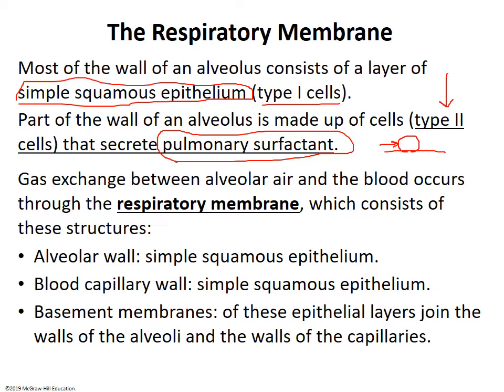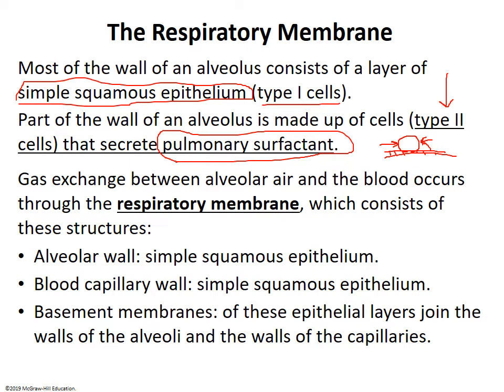And so if we didn't have surfactant, the surface tension on this, if this was a layer of simple squamous epithelium, right, the alveoli, this would pull it in on itself and would collapse the lungs. So again, type 2 cells are the ones that secrete pulmonary surfactant, and that is the type of cell that is not active on a premature baby.